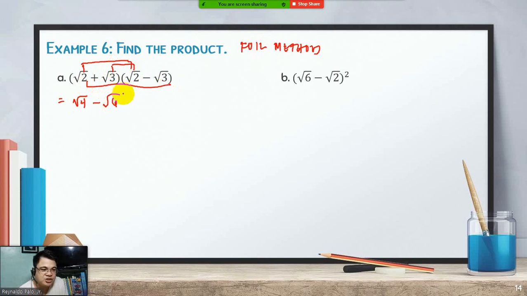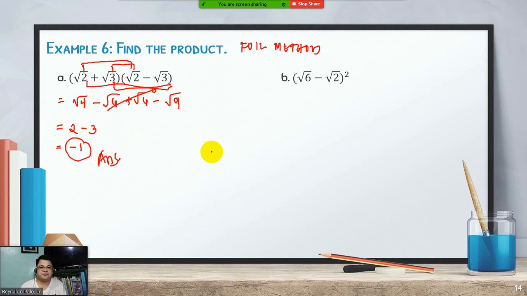Inner terms, square root of 3 times square root of 2 is square root of 6. And then last terms, we have square root of 3 times negative square root of 3 is negative square root of 9. As you can see, negative square root of 6 plus square root of 6 are opposite radicals. Therefore, we can just subtract them to get 0. Then, square root of 4 is 2. Then, negative square root of 9 is negative 3. 2 minus 3 is negative 1. This will serve as your final answer.